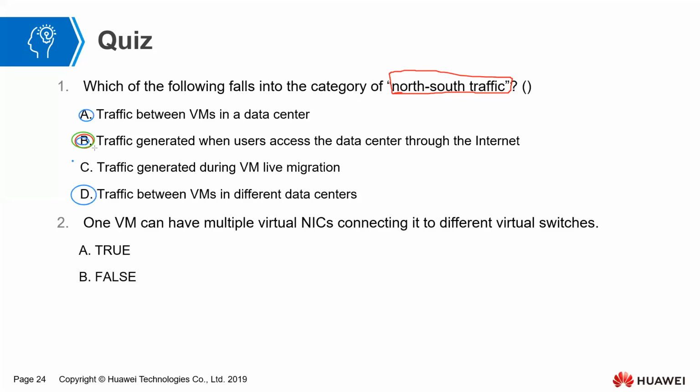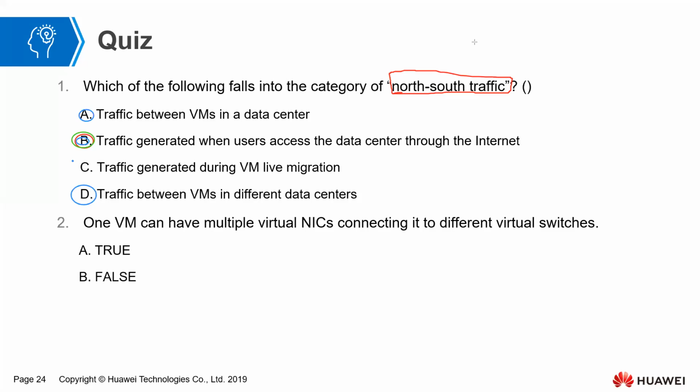I can say B and D because the traffic is just going to the internet, and there might be routing between the two data centers, which are just different networks.